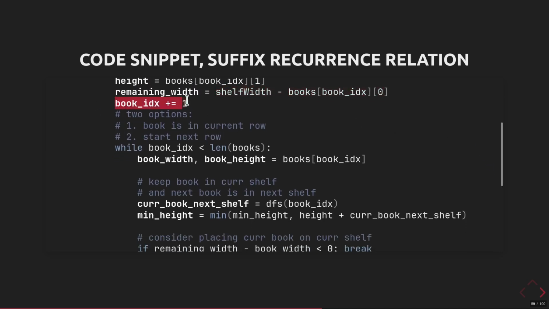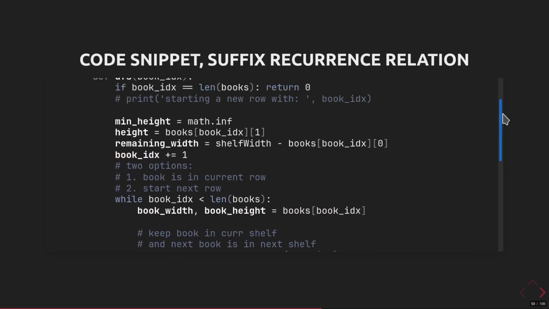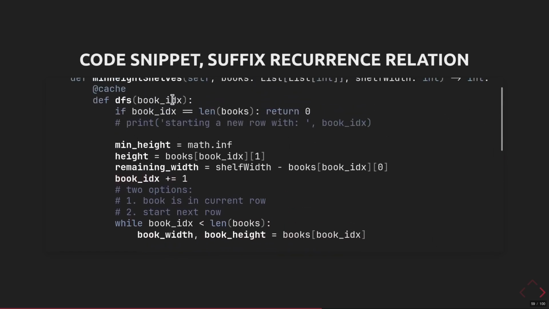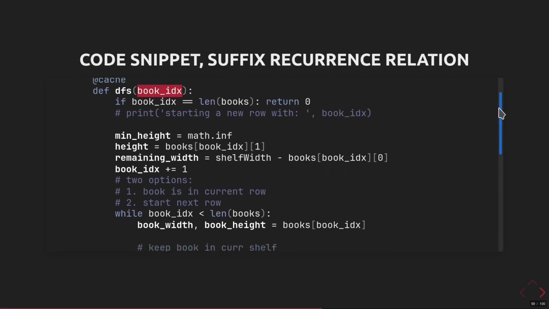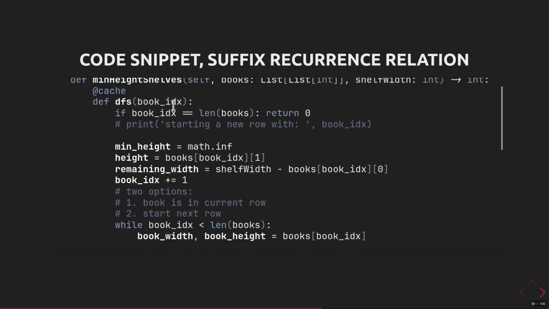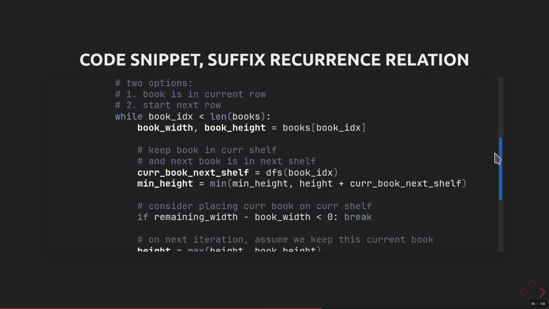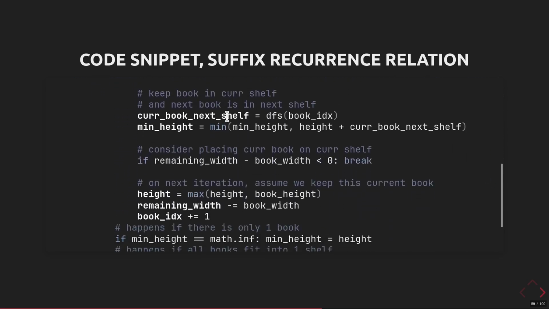And I want to start looking at the next book, whether we should or should not keep it within the current partition. So remember, book index I represents the best partitioning for the suffix starting at book I. So here's the choice of putting the book on the next shelf: you just DFS, starting this new book at the new shelf, okay?